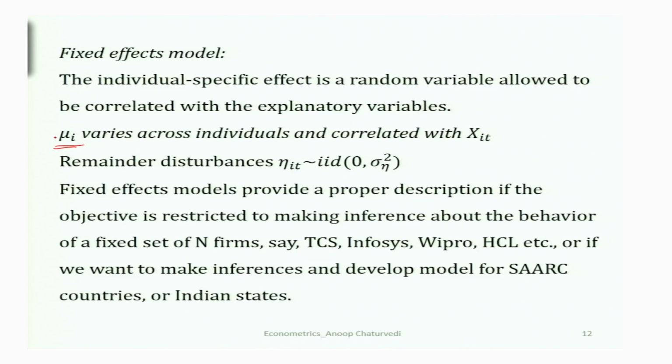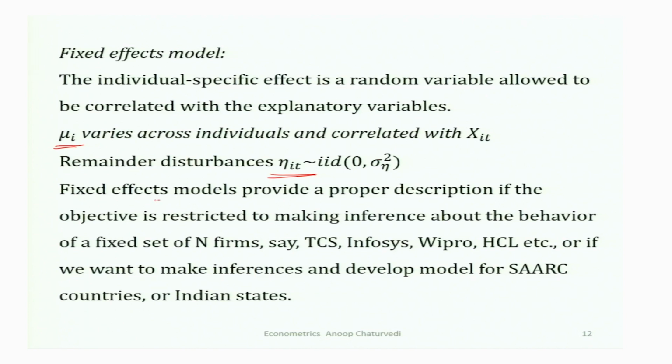It is a random variable and it is correlated with X_it. In the fixed effects model, we assume that mu_i's are correlated with X_it's. Then the remainder disturbances eta_it are IID, having mean 0 and variance sigma square eta. So, all these eta_it's are IID random variables having common mean 0 and common variance sigma square eta.